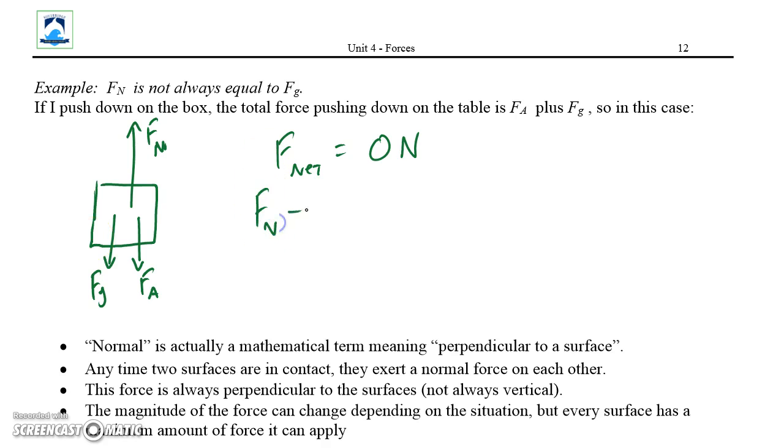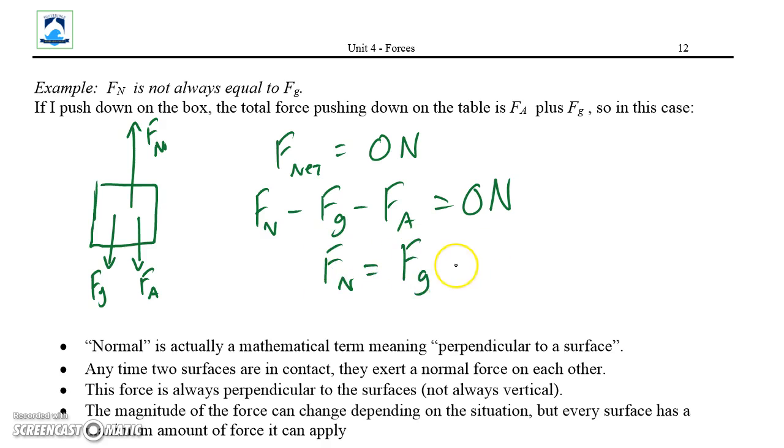Fn minus Fg minus F applied is still going to be equal to 0 newtons because it's not moving. And this would tell us that the normal force is equal to the force of gravity, which it was before, but also to the force applied added together. So the normal force got bigger because there's more force being applied down.